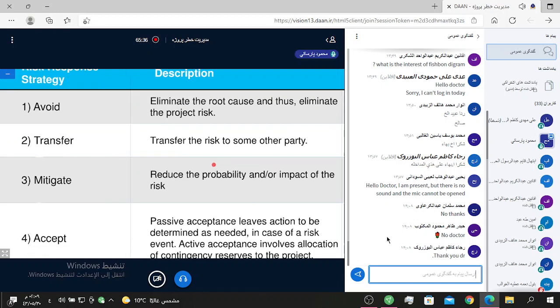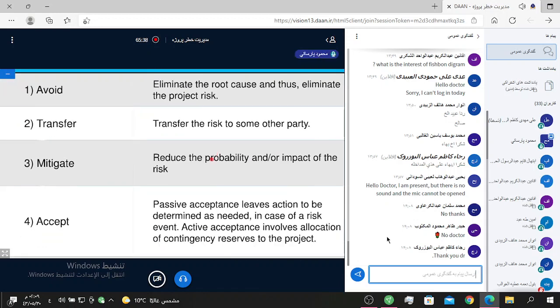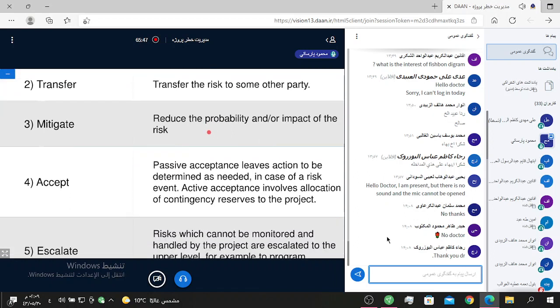The strategy of avoidance. And about the strategy of transfer, it means transfer the risk to some other party of the project. And the strategy of mitigation means reduce the probability and or impact of risk, about negative risk, and about positive risk it is inverse: increase the probability and or impact of risk.